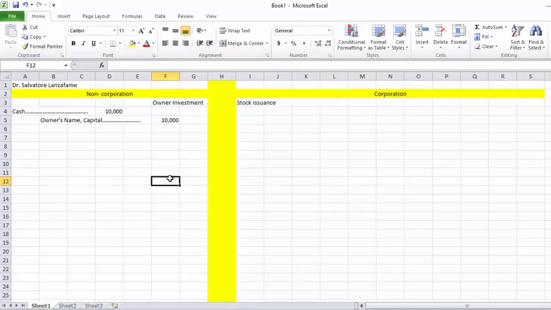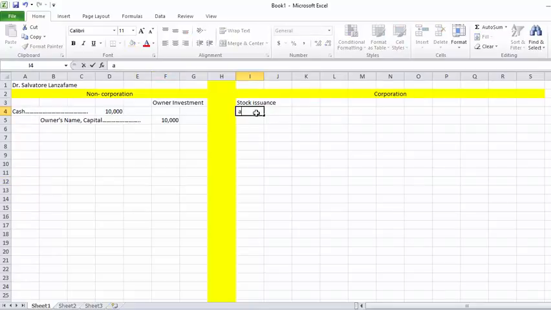Looking at it from a corporation point of view, it's the same concept. Let's assume that the owners, who are now the stockholders, are also going to invest in the company, but in return for stock, they now become the owners. So there's two ways to do stock issuances.